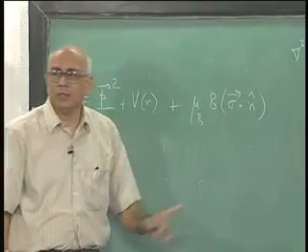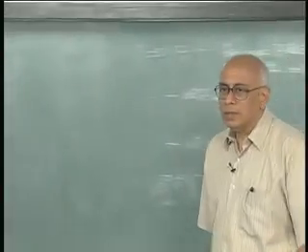If this thing is in some arbitrary direction, this can certainly happen. So not only is this particle going to be moving in this potential, but it can also undergo a spin flip transition, and then of course you have a different problem altogether.